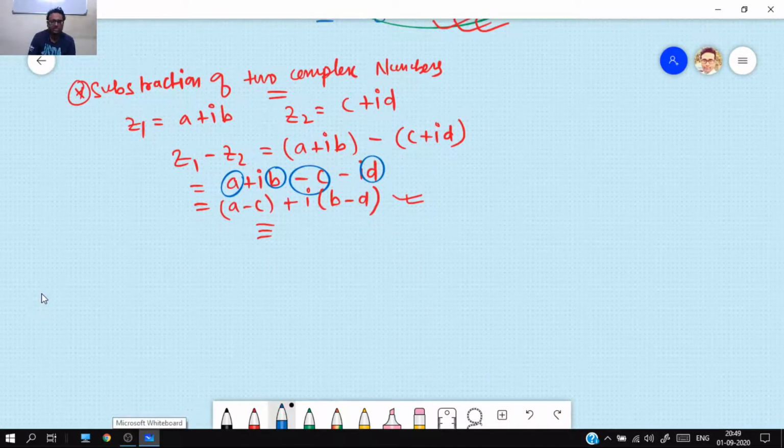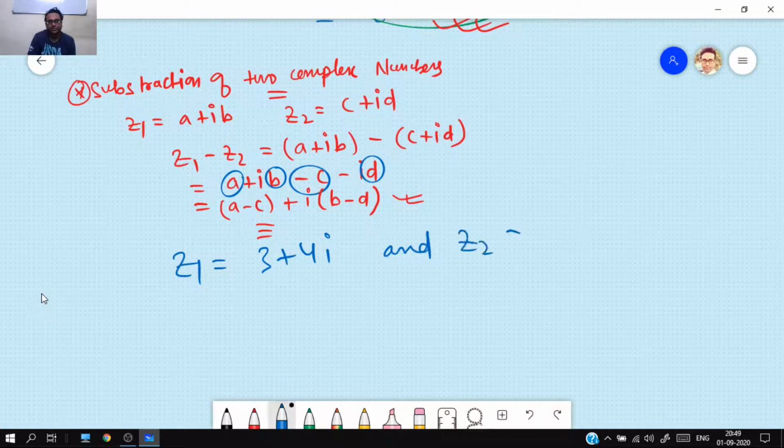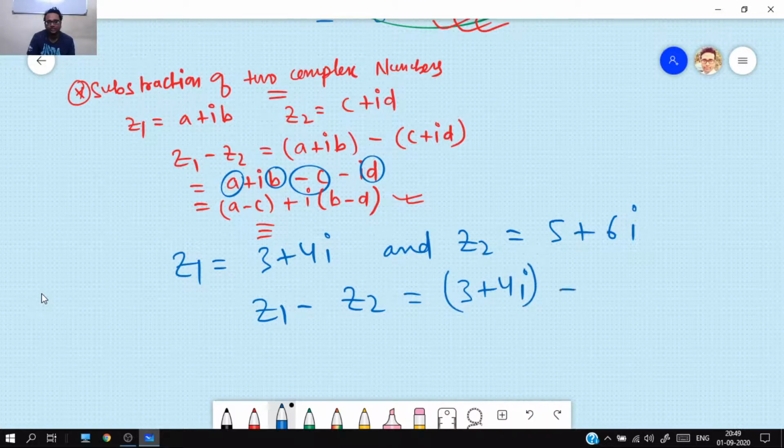Let's do some examples. Suppose z1 is equal to 3 plus 4i and z2 is equal to 5 plus 6i. We need to find z1 minus z2. What we are going to do is 3 plus 4i, writing in brackets, minus 5 plus 6i, writing z2 also in bracket.